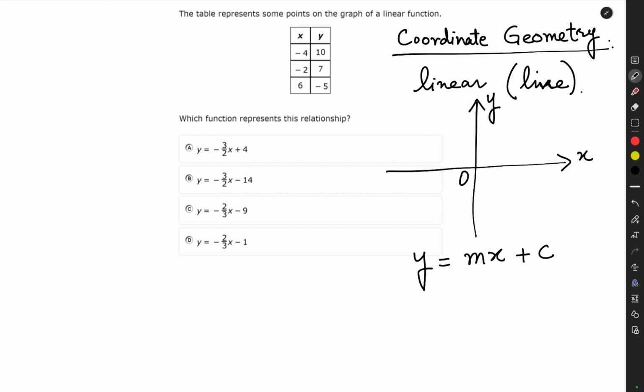For example, if I write here minus 3 over 2x plus 4, that means this minus 3 over 2 is actually the value of m, and this 4 is the value of c. So all 4 equations are in this format, y is equal to mx plus c.